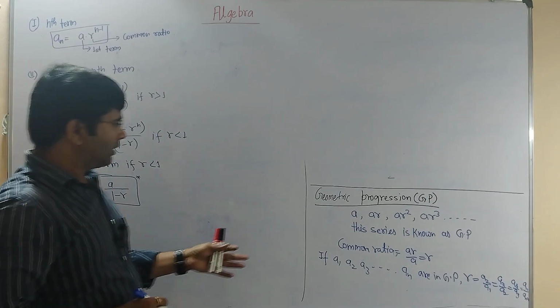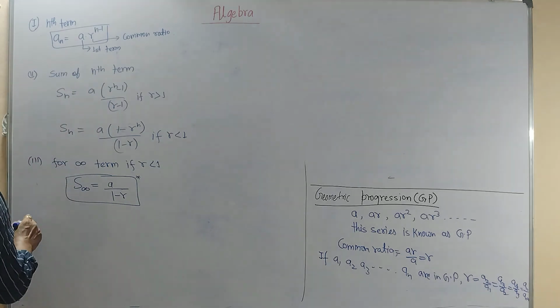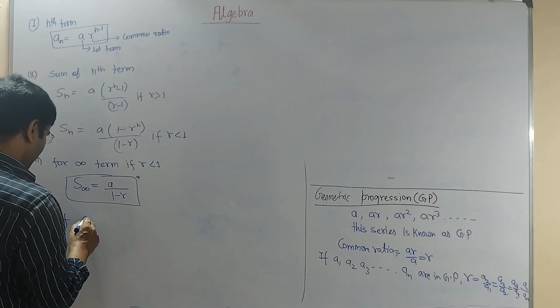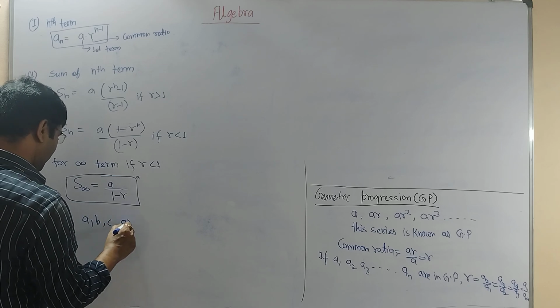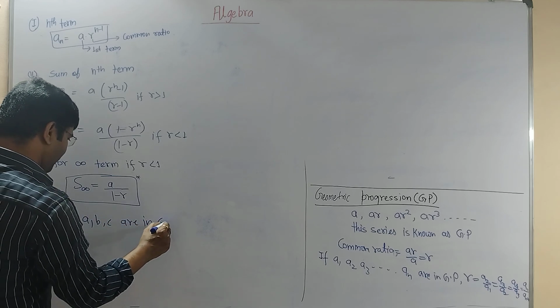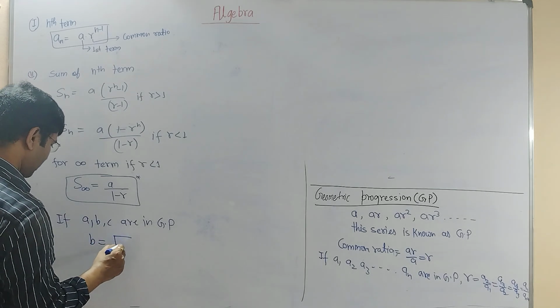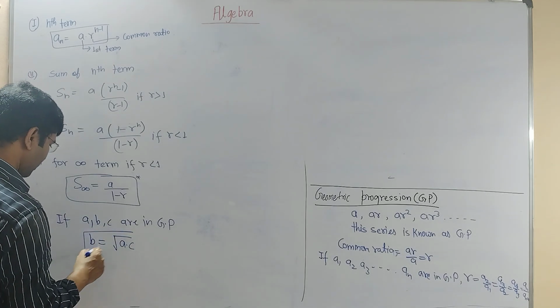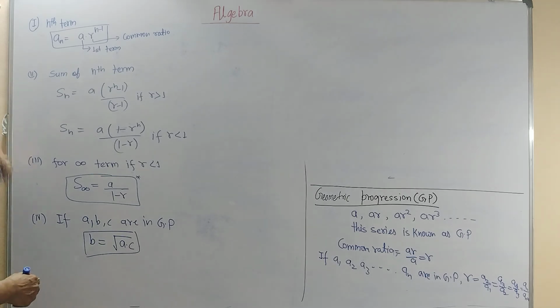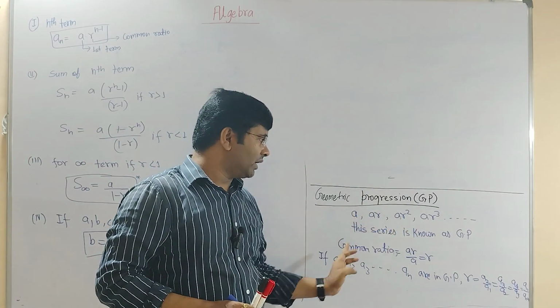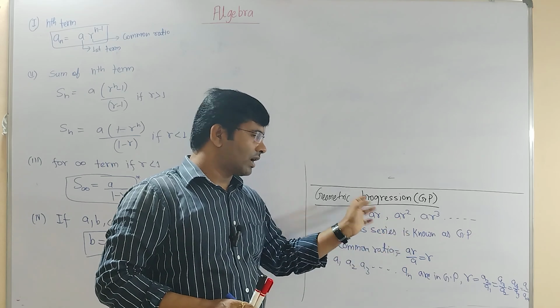Here we can also write that if three numbers A, B, C are in GP, then the second number B equals the square root of A into C. Similarly, you can check: multiply a into ar square, it will be a square r square.